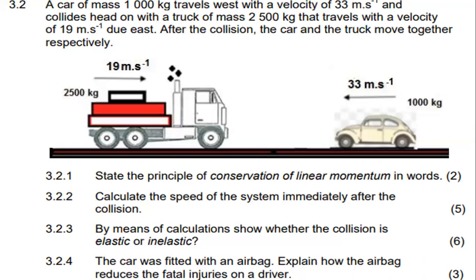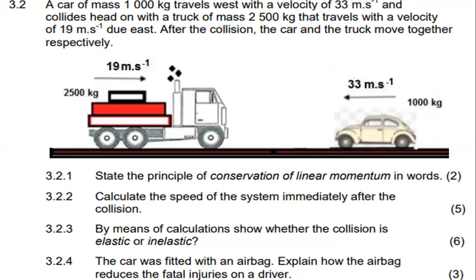So in trying to show whether a collision is elastic or inelastic, we must actually go and check what was the total kinetic energy before the collision and what was the total kinetic energy after the collision. Then we will look at those total kinetic energies.